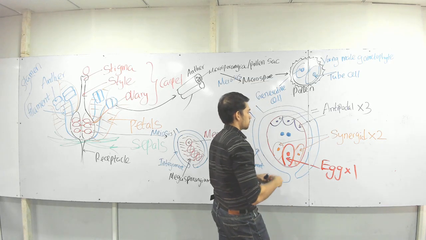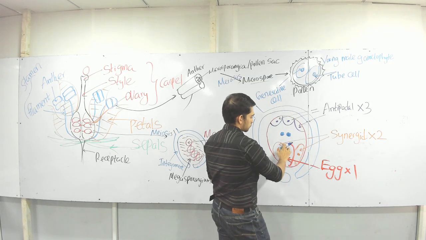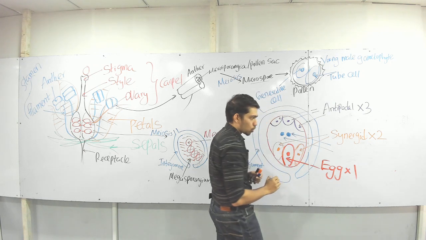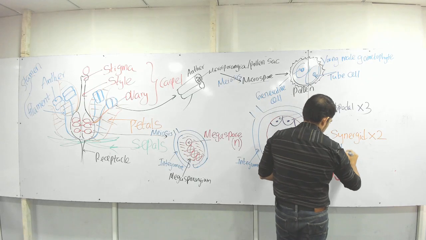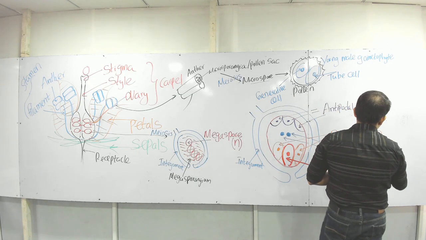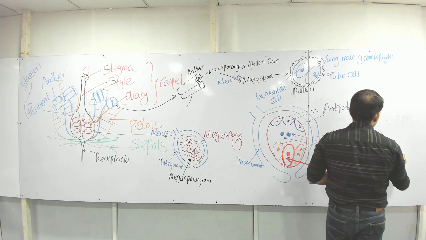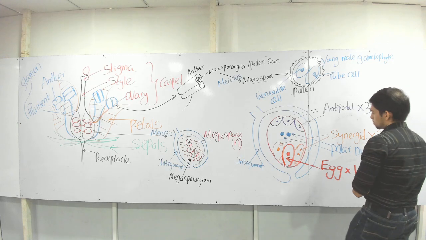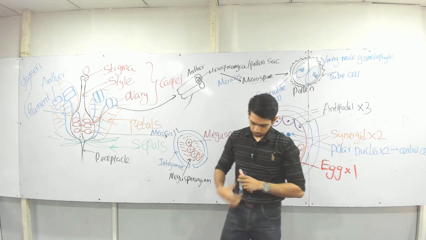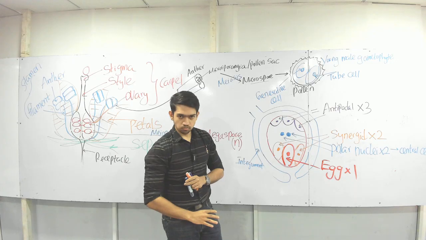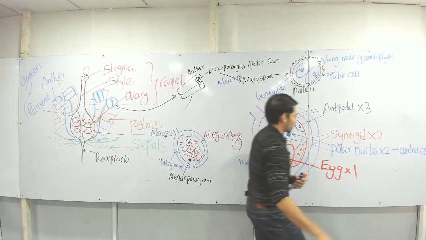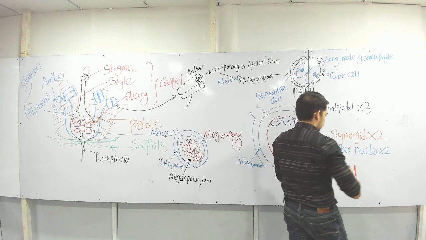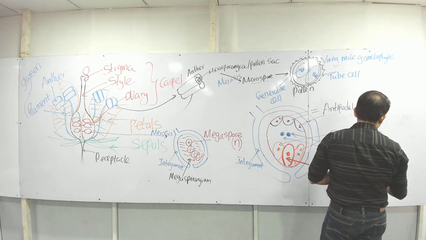And this thing is a central cell. And these two nuclei are called polar nuclei. Polar nuclei times 2 in the central cell. So I'll write it here. What is this entire structure, made of 7 cells and 8 nuclei? Yes, very reduced.